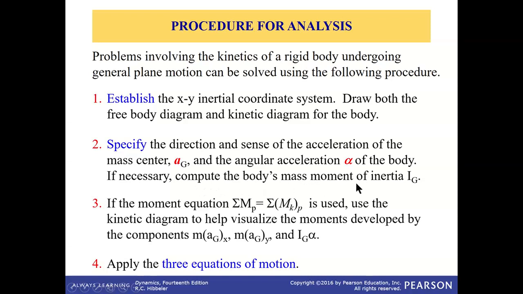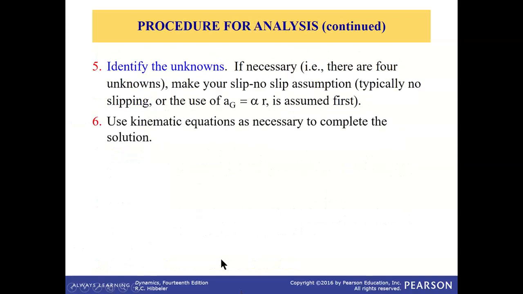If necessary, compute the mass moment of inertia IG. And then if the moment equation sigma M_P equals the kinetic moment is used, use the kinetic diagram to help visualize the moments developed by the components of the resultant force and mass moment of inertia. And then apply the 3 equations of motion and solve for unknowns.